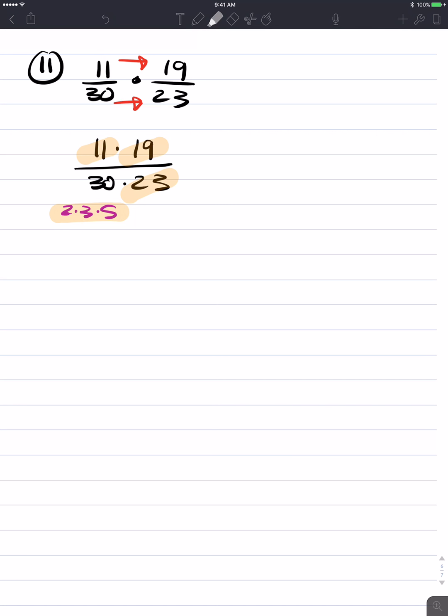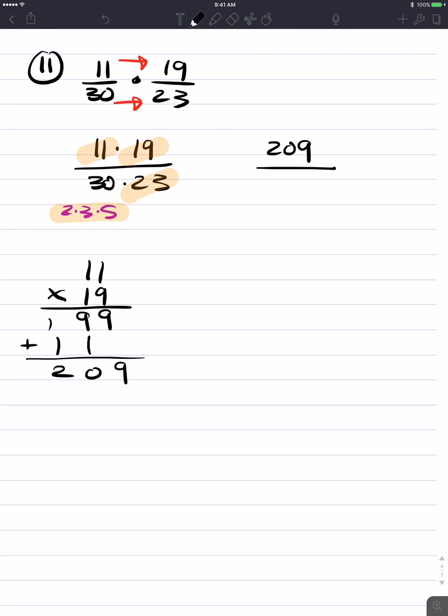We are multiplying fractions. However, we're going to have to use our multiplication algorithm. 11 times 19. 9 times 1 is 9. 9 times 1 is 9. 1 times 1 is 1. 1 times 1 is none. Add. The numerator is 209.